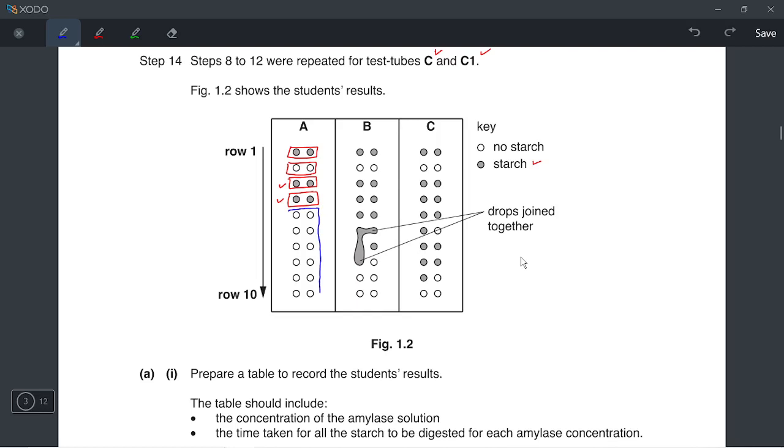How many? 6 rows are there further. After this, what do you find? There is no starch. It means starch has been digested completely, right? So let's see.